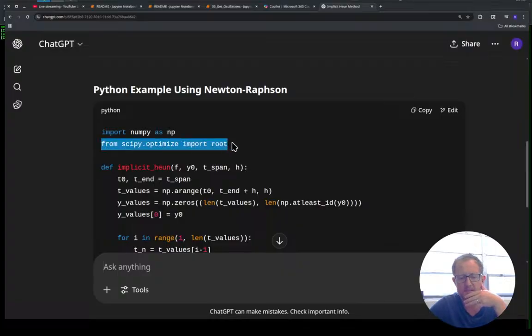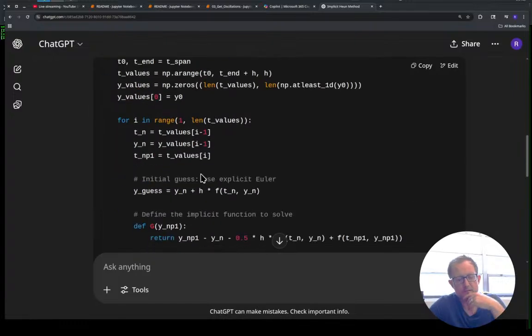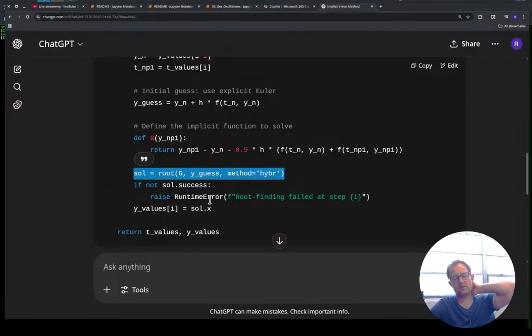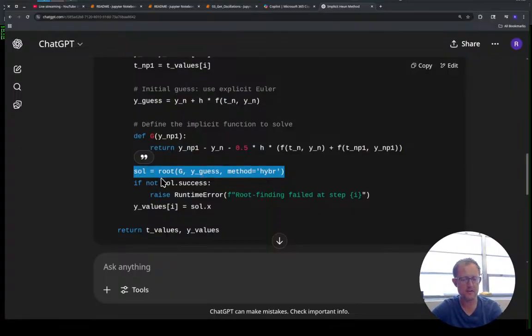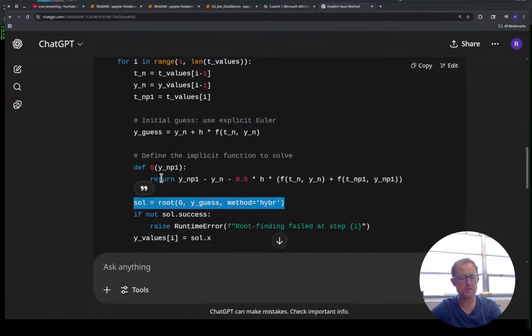Yeah, this is what I keep seeing pop up in some people's code, is some either optimize import root or optimize import fsolve inside this function, so that the solution, instead of looking for convergence, is using this root finding method. And it's just kind of a weird way to implement these implicit methods.